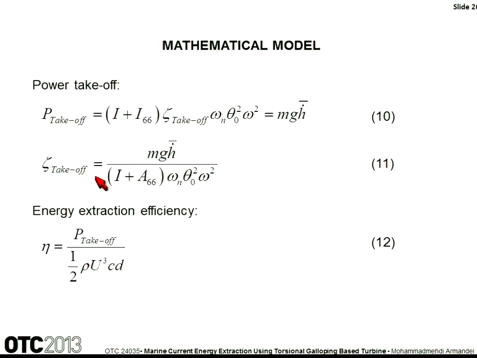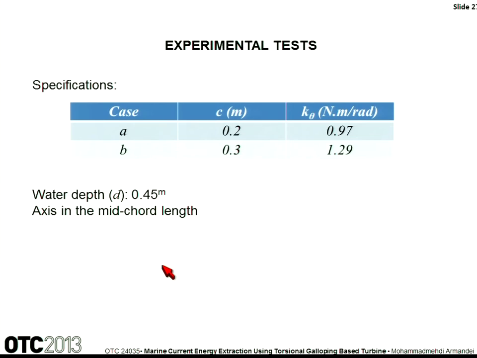The power takeoff damping ratio is indeed a dimensionless scale which connects the mass of the weight with the lifting rate, and in the end, by dividing the power takeoff from the current by the whole energy power flux through a projected area, which is CD, chord length times the depth, here we define the energy extraction efficiency.